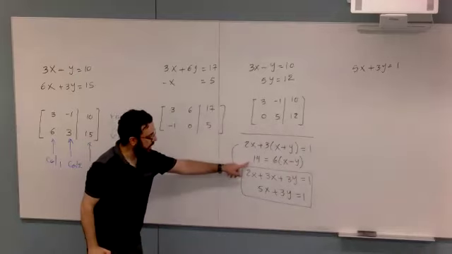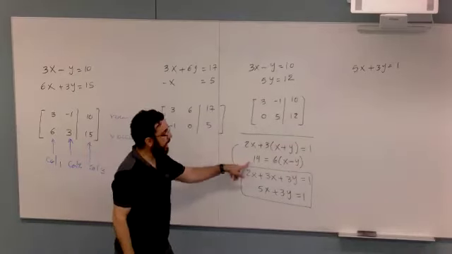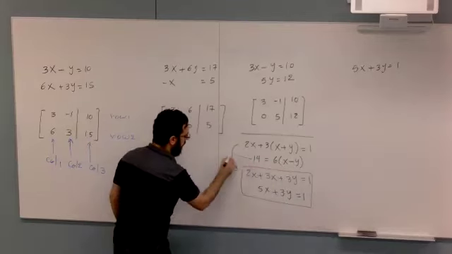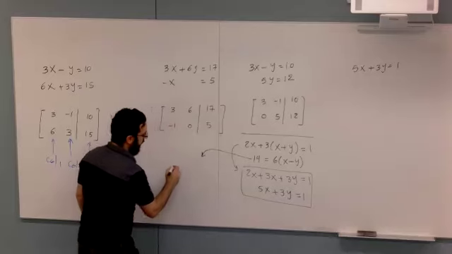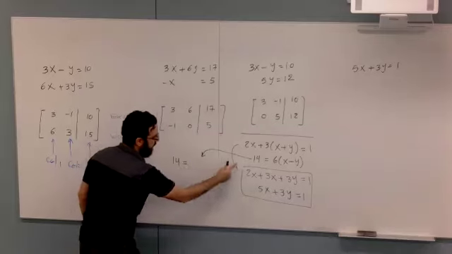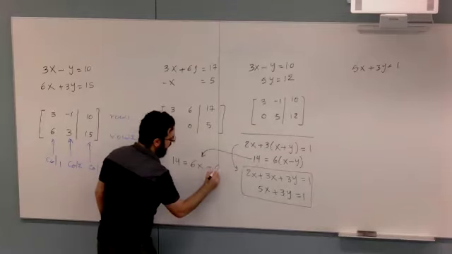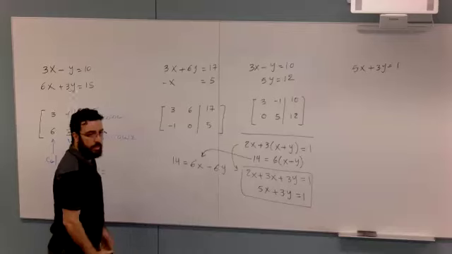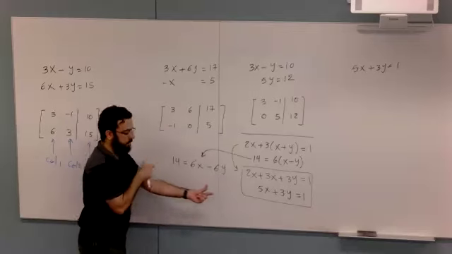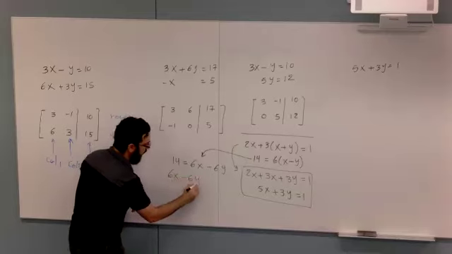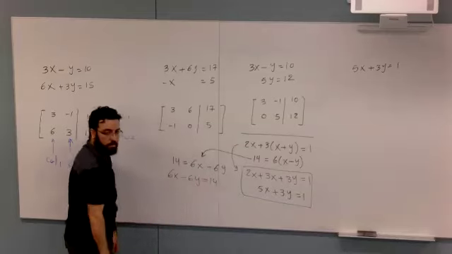Now what about the second one? I have to do the same thing. Distribute the 6. So here is the second one. 14 equals what? 6 times x, 6 times y. Is that okay? Now can I flip? Can I write it down as 6x minus 6y equals 14?